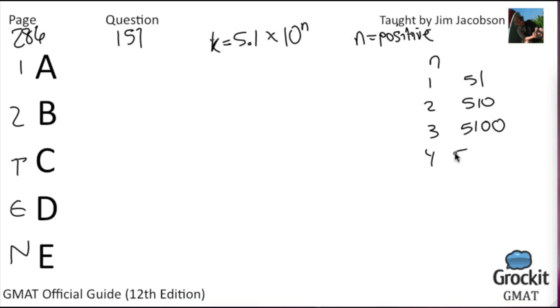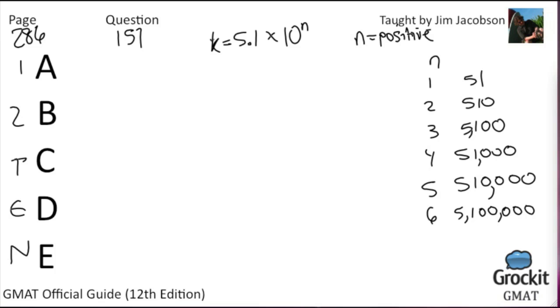Basically just add a 0 every time. Let's do 10 to the fifth. Sure, why not? We'll do 10 to the sixth. Good enough.